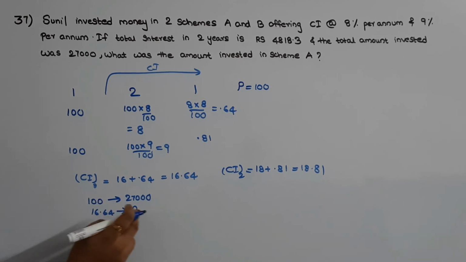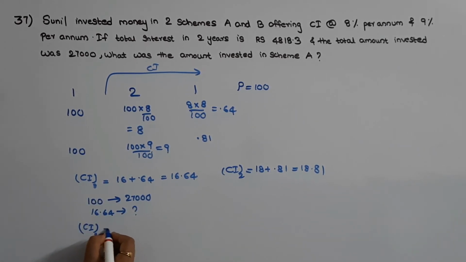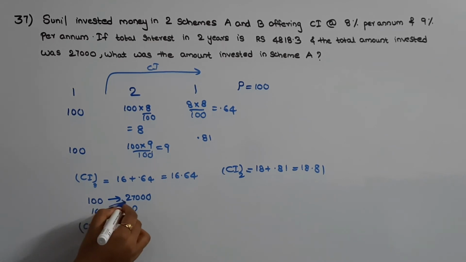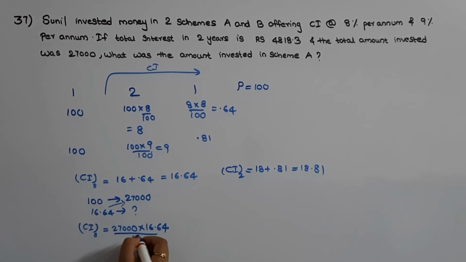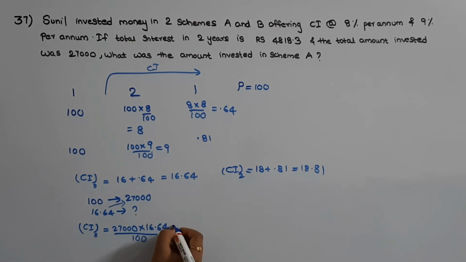By cross multiplying, we will get the compound interest when the rate is 8. That is equal to 27,000 into 16.64 divided by 100, and that will be equal to 4,492.8.